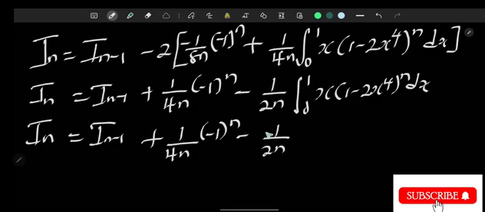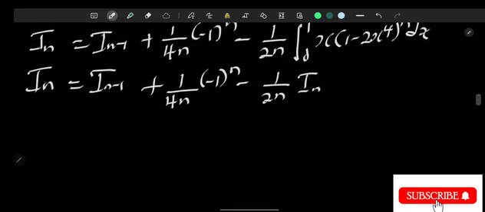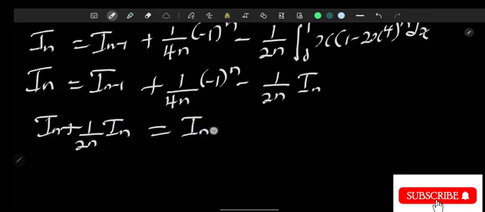So minus 1 over 2n in. So you rearrange that, in plus 1 over 2n in, then equals in minus 1 plus 1 over 4n in bracket of 1 minus, in bracket of minus 1 raised to the power of n.